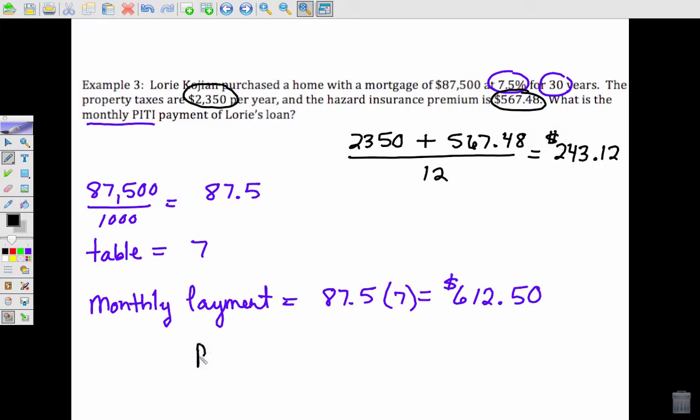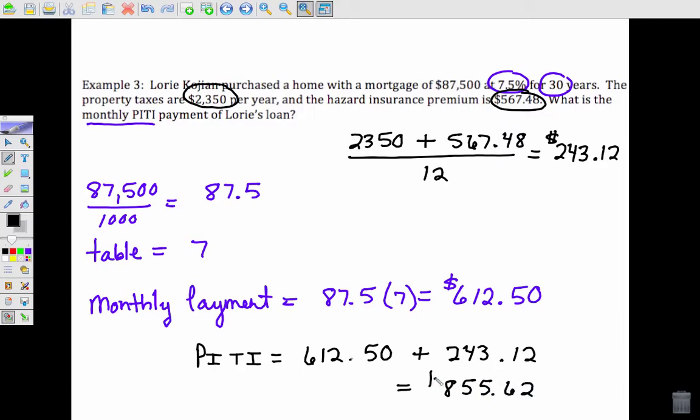Here's how we find our total escrow payment, which is the PITI. PITI is going to be the monthly mortgage payment plus taxes and insurance for 1 month. And my total payment then is $855.62. All right, that is how you calculate your PITI payment.